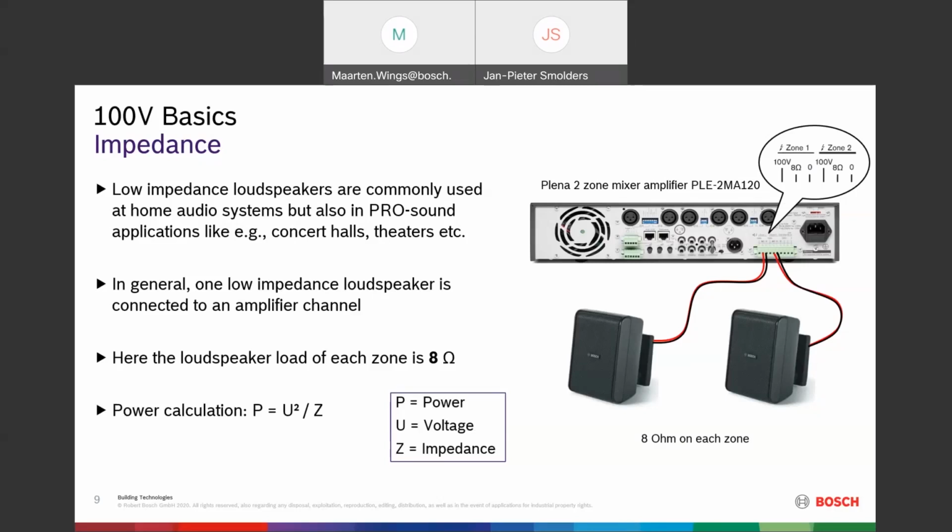If this amplifier is 120 watt and the connected loudspeaker is 8 ohm, which you can also see on the back of the amplifier, you can calculate the voltage on the output. In this case, the voltage on the output is 31 volt, if you calculate this.